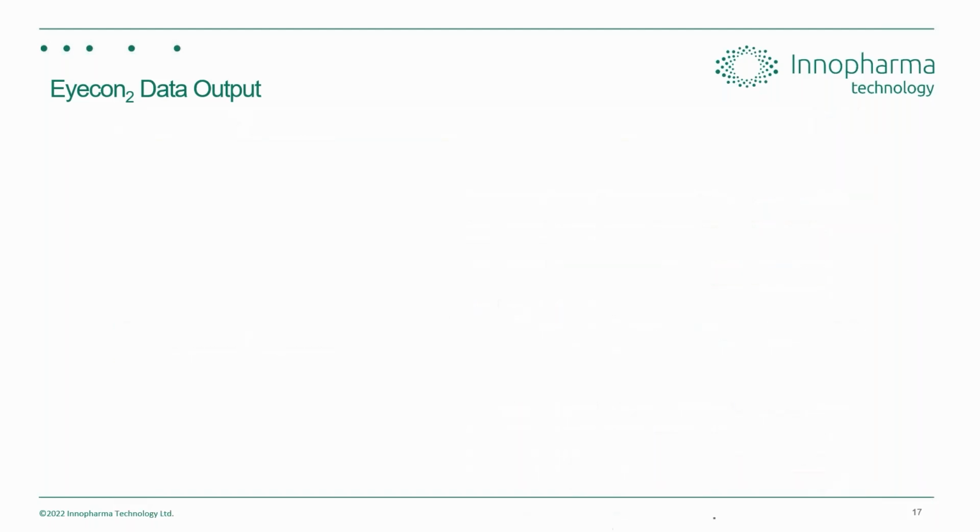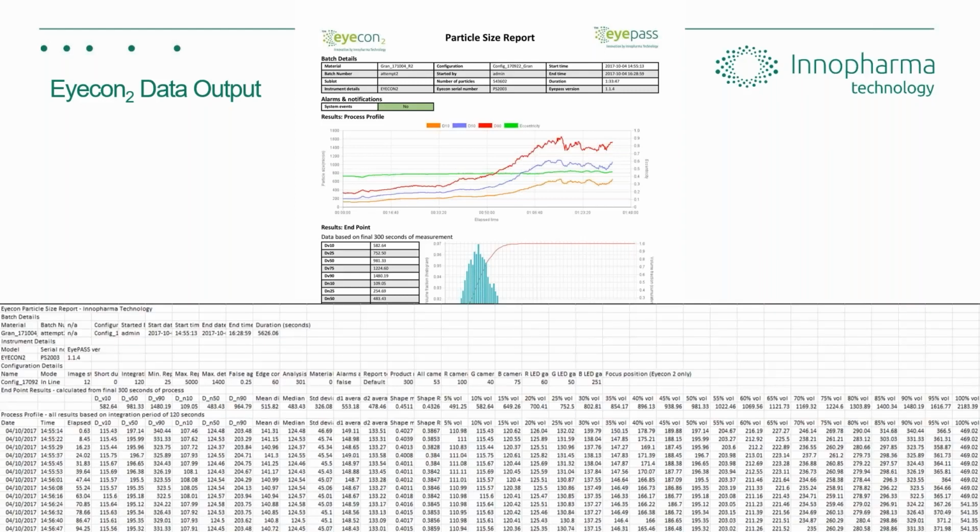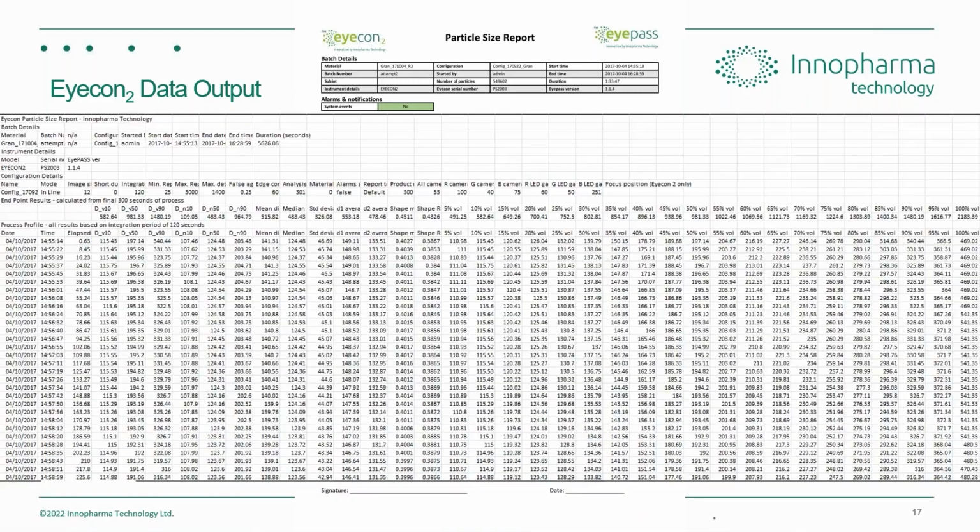After that, you can export that data in the form of a PDF. It's nicely formatted, again giving you a snapshot of what was recorded from your images for the particle size distribution. But you can also go a layer deeper and export all this data in the form of a CSV file. Every line you see here is an image that got analyzed by the EyePass system.